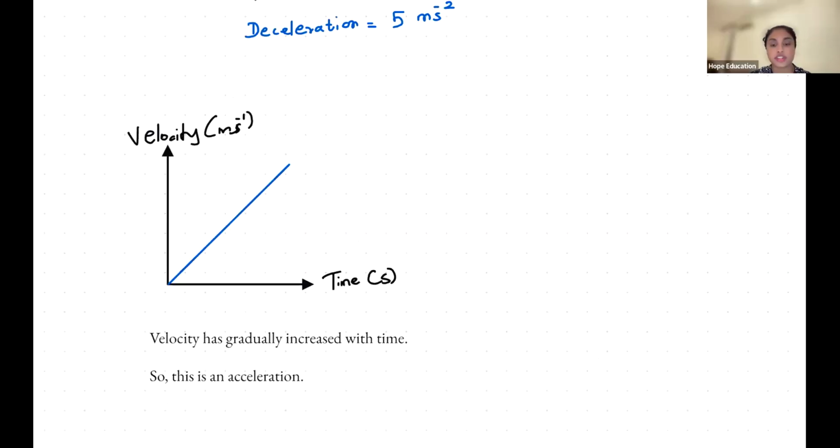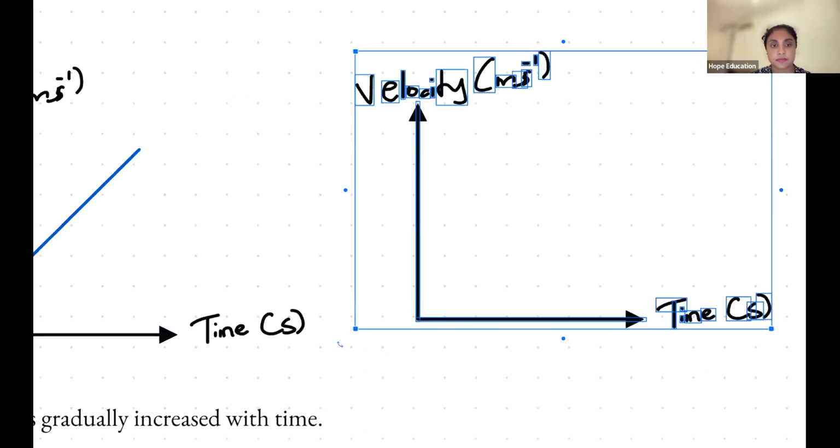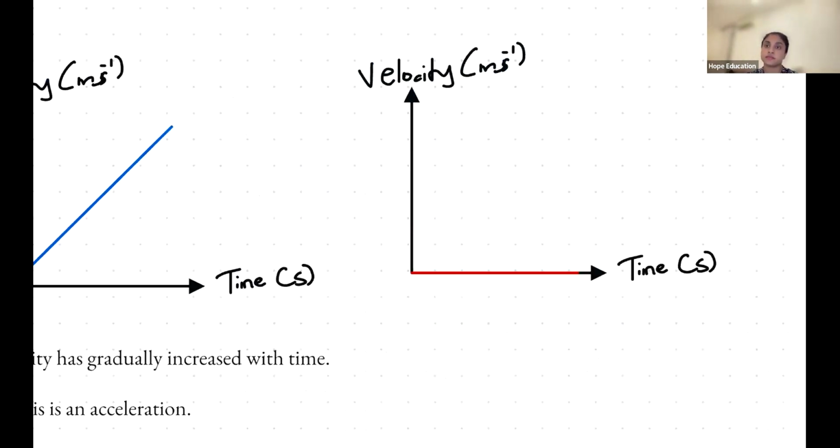Then what if you get a shape like this? What can you say about the motion of this object?